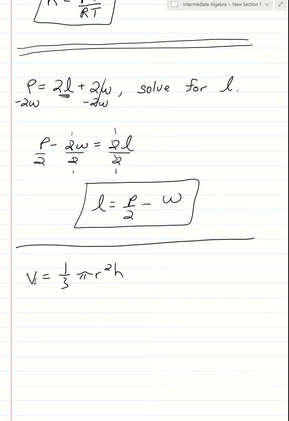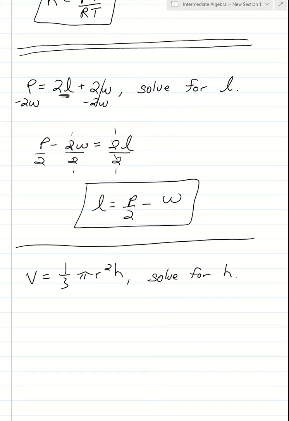The volume of a cone is equal to 1/3 pi times r squared times h, where r is what we would call the radius, h is the height of the cone. And so if we have this formula, I could ask you to, let's say, solve for h, the height of this particular cone.